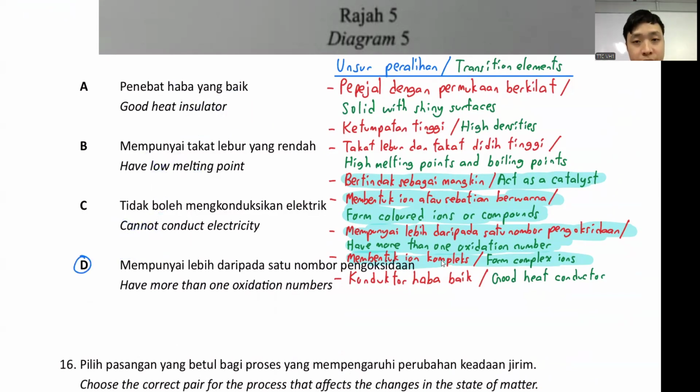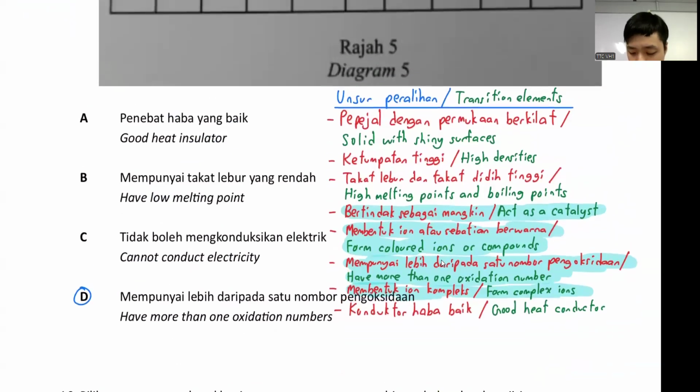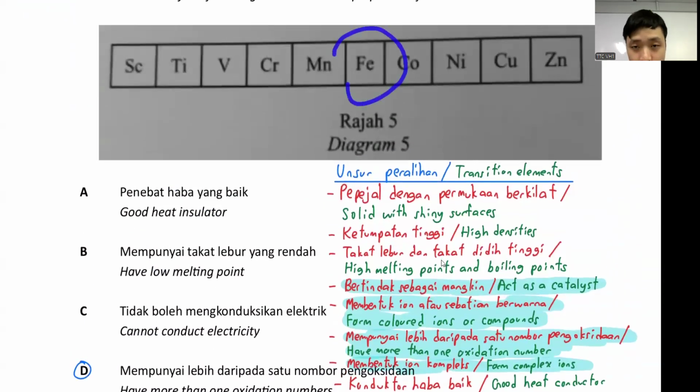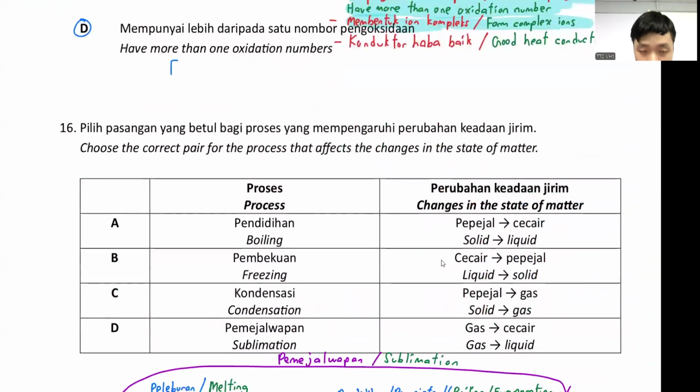So the answer is down here. Have more than one oxidation number. Means, for example, Fe. Fe got two different charges, Fe2+ or Fe3+. Got two different charges, so you got positive 2 and positive 3.